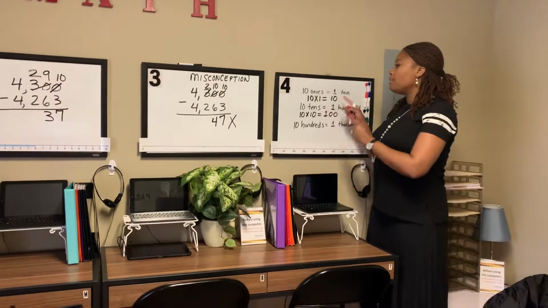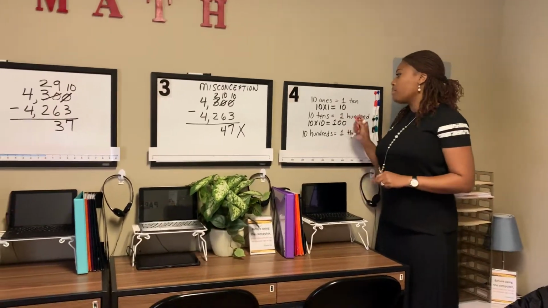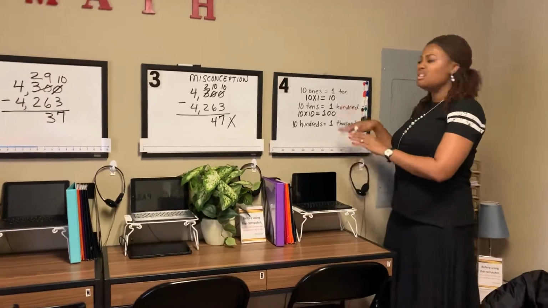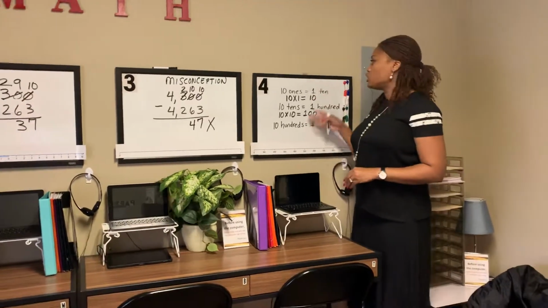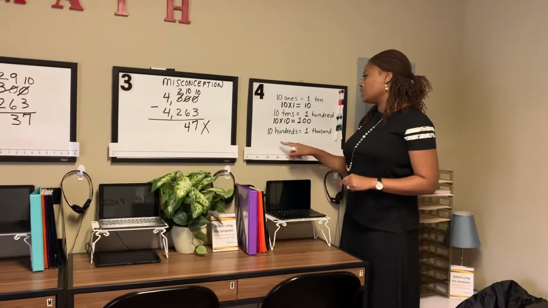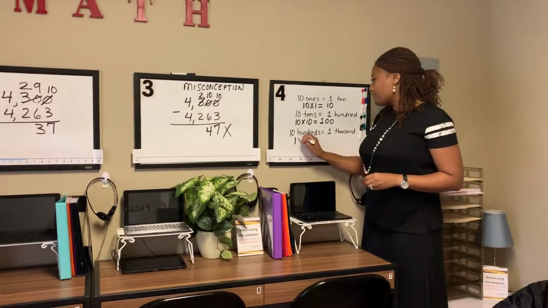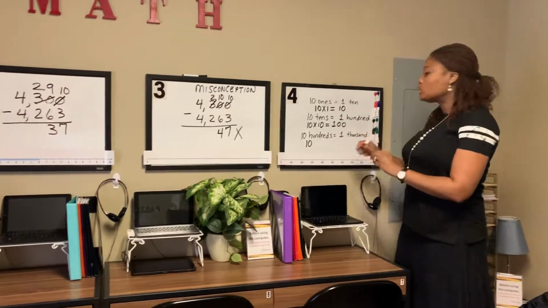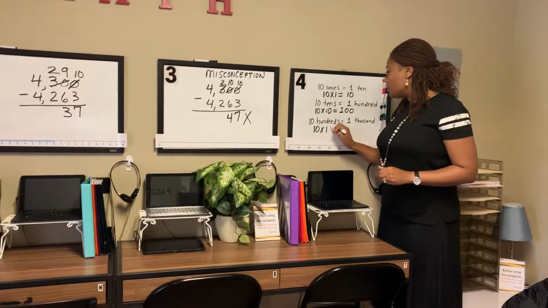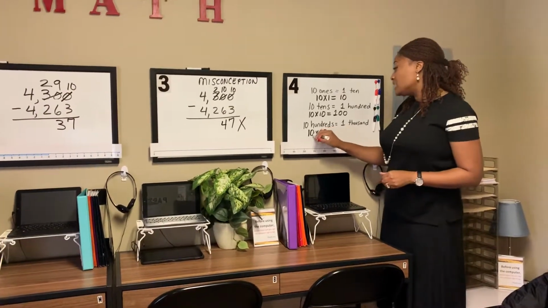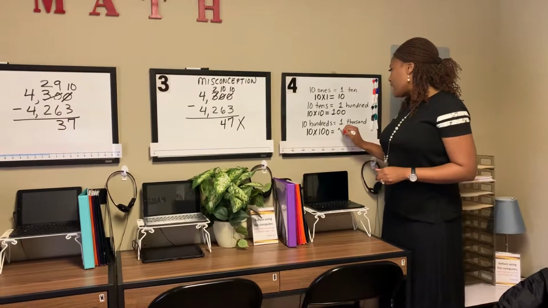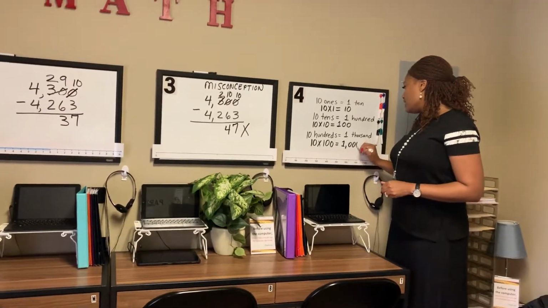Notice that I'm multiplying by powers of 10. This can be a good extension for students once you build off that prior knowledge. So 10 hundreds, I can repeat and add 10 hundreds, or I can simply use multiplication. So if I have 10 hundreds, I have 1,000.